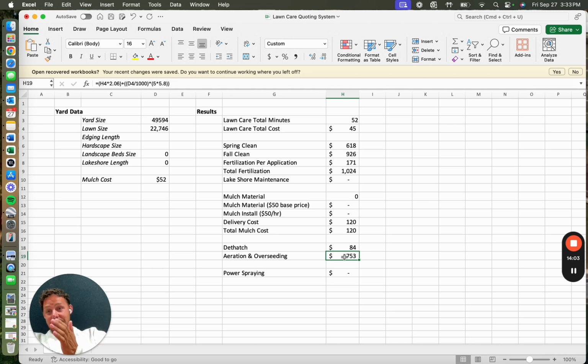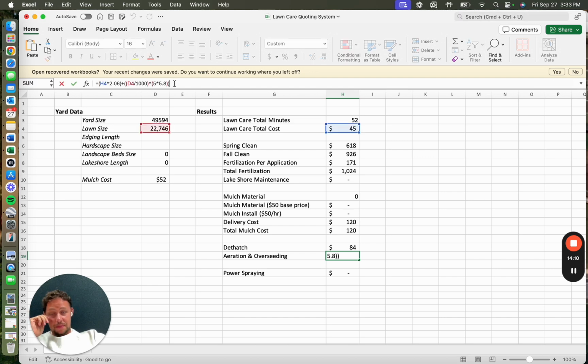This is time. And there are a bunch of factors in here that I should probably go into greater detail on, but this essentially takes the time of mowing and doubles it, because it usually takes us twice as long to aerate as it does mowing. Then we take the square footage of the grass and divide it by 1,000 because we want to know how many thousands there are in that lawn.